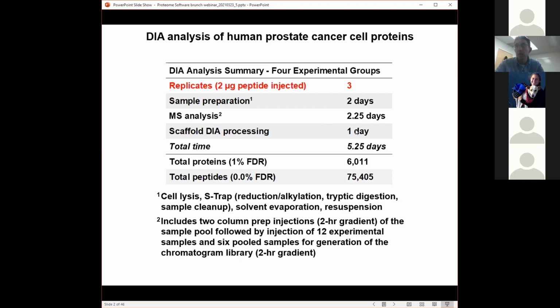As the samples are acquired, we convert them as needed to the .dia format. The total time was only 5.25 days, and we got 6,000 proteins. Of note, here we were using 6 gas phase fractions to make the chromatogram library. We're now using 3.